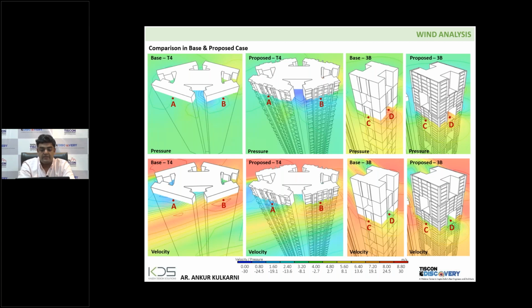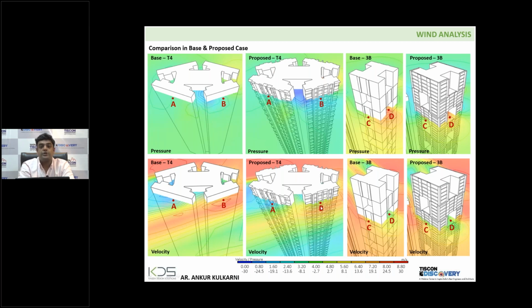And if you compare this, we studied two different buildings. This is case 1 where we are comparing the pressure, and the bottom images show velocity at point A and point B. Point A is somewhere close to minus 13 Pascal or so, because it is on the negative side, where the wind velocity at point A and point B is on average around 6.4 to 7 meters per second.